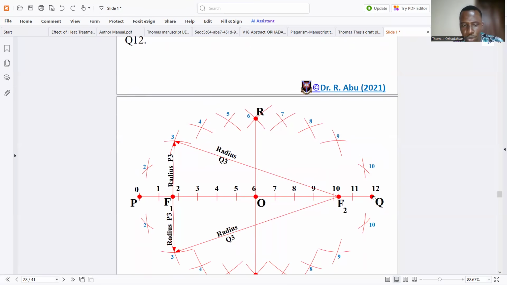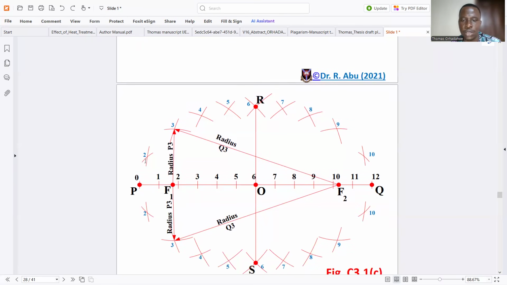Now from Q to 3 as your radius with F2 at center, cut the previous arc you have done. So you do that up until you get to 12. So that is how you create all these points.